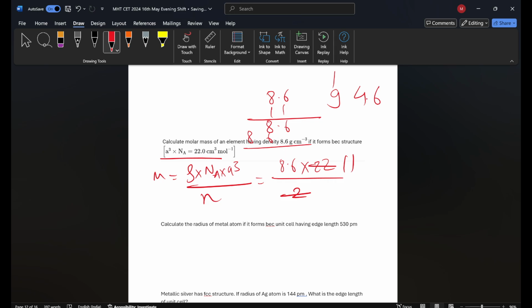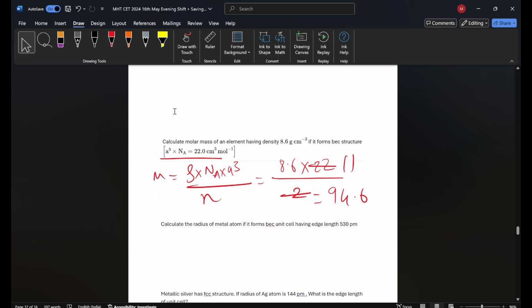Yes, 94.6 is the answer, and you can go with it. Don't believe me in terms of maths. I'm not very good at calculation, especially after taking up engineering. Maths becomes very weak. 94.6. Going to the next question.